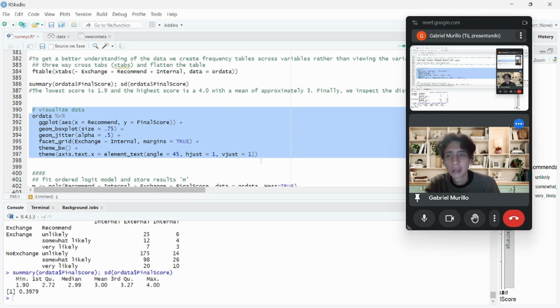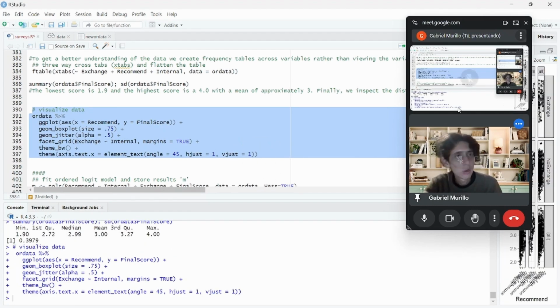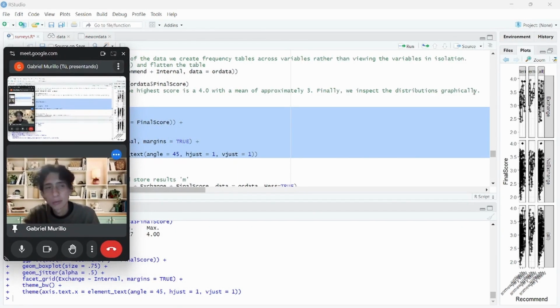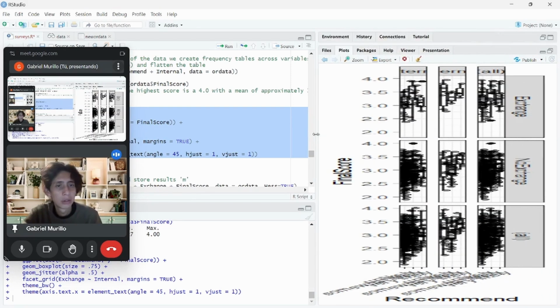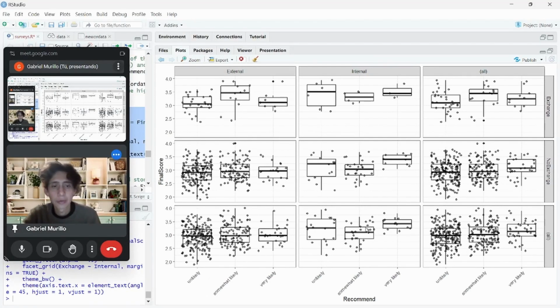We're going to visualize the data on a plot right here, and we are going to interpret the results. So as we can see in this plot, we have the recommend variable on the x-axis and the final score on the y-axis.